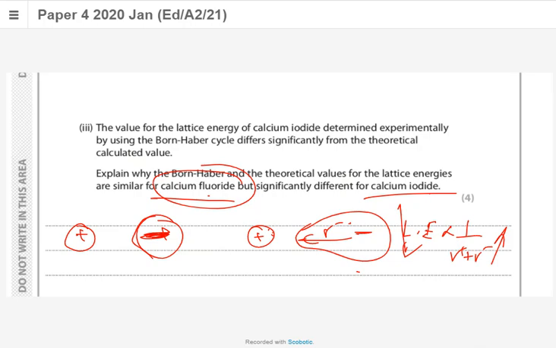As a result, the calcium ion polarizes the iodide ion to a greater degree than the fluoride ion.